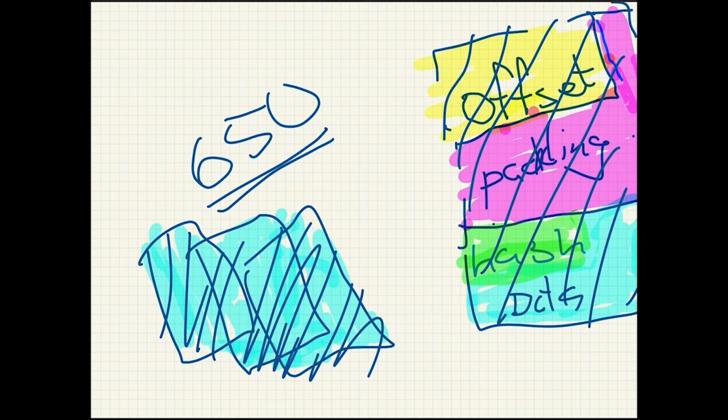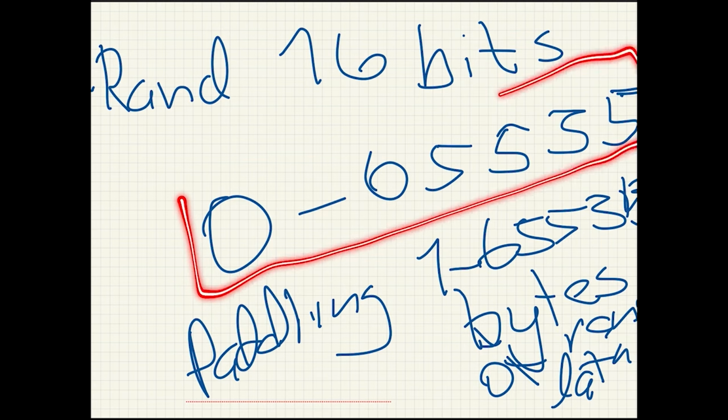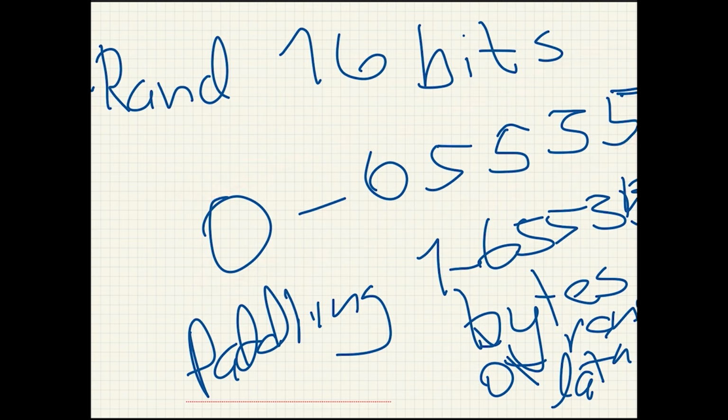And now there are two possibilities. Either we have the correct key and we get the correct offset value, or we have the wrong key and we get any random number between 0 and 65,535.